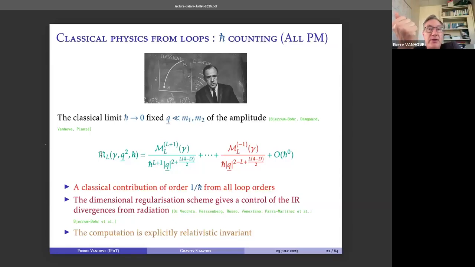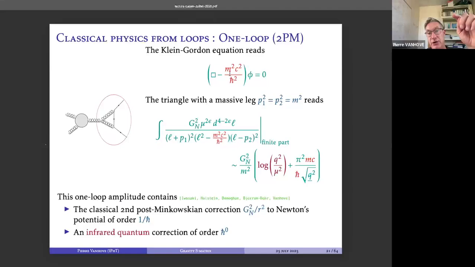But when you have massive external particles and you do an expansion such that these external particles are very massive compared to the energy that is exchanged in your scattering amplitude, then you have to reorganize the way the loop expansion is done with respect to these massive objects, because the mass actually comes with 1 over h bar in quantum physics.